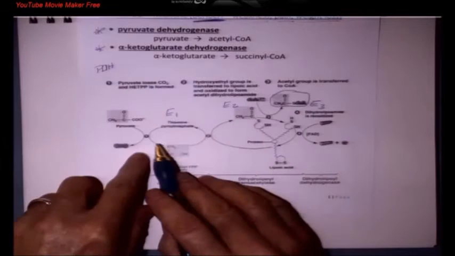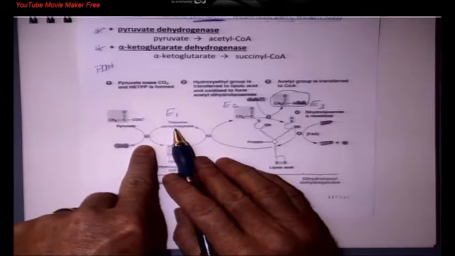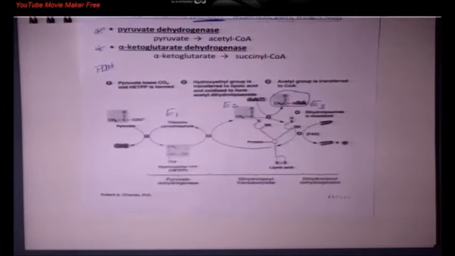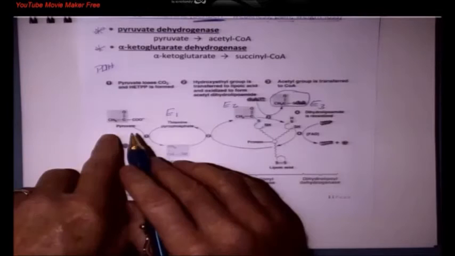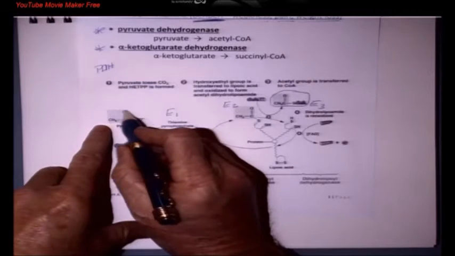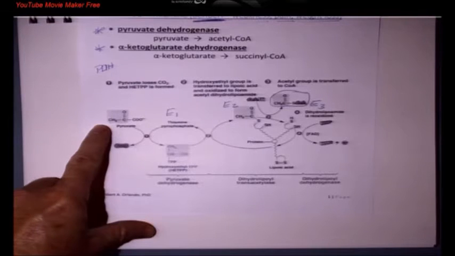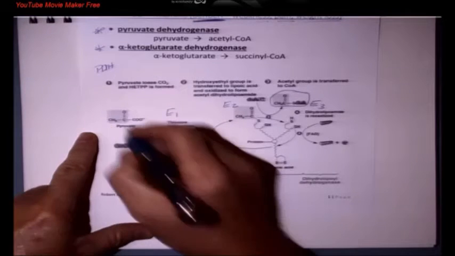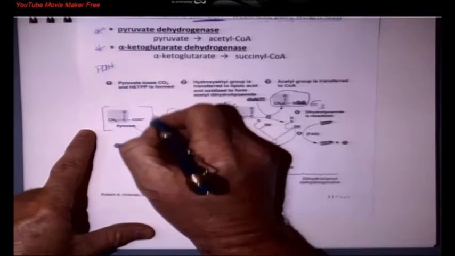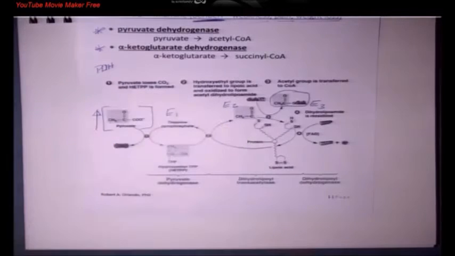So this is the level of understanding that I'd like you to look at. You've got E1 requires thiamine. If you have a thiamine deficiency, what's going to happen to E1 activity in PDH? Non-existent. It's not going to be able to bind the acetyl group of pyruvate. And if it can't do that, the concentration of pyruvate increases.